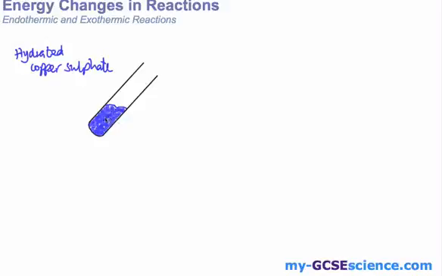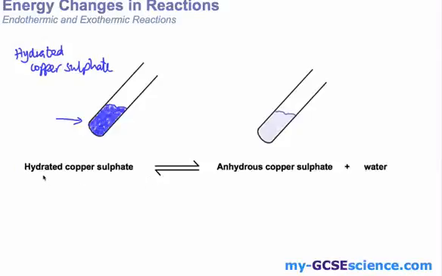To show the endothermic reaction, we can apply heat to this, and what happens is after a while it turns into a substance called anhydrous copper sulfate. We've got hydrated copper sulfate, it converts to anhydrous copper sulfate plus some water. In this reaction the water will just evaporate off, and it's a chemical reaction producing these two products, and it's an endothermic reaction. By the way, this symbol means that it's reversible.